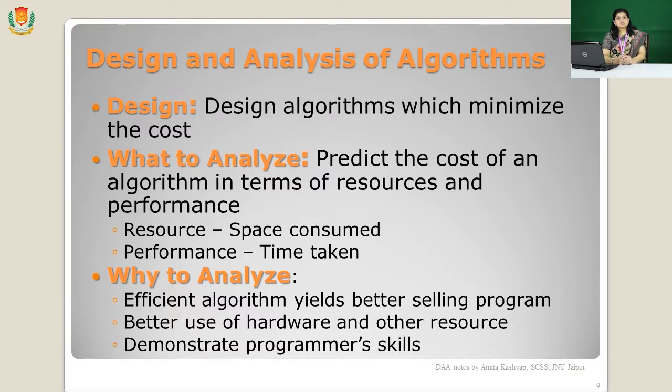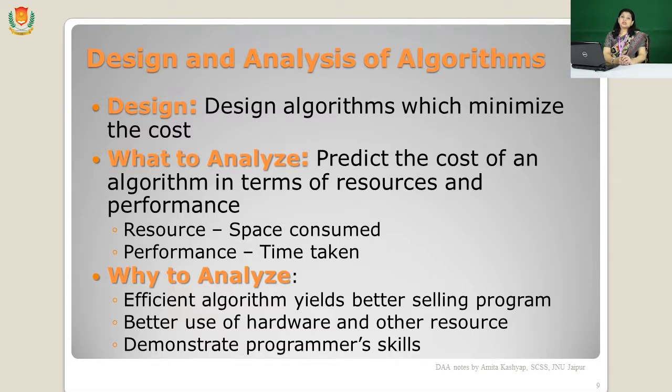So resources consumed, that we can count in the form of memory or the bytes it is taking, and performance time taken, that is, once we start the process and provide the input, how much time it takes to generate the output. On these two parameters we can analyze whether the algorithm in hand is good or not.